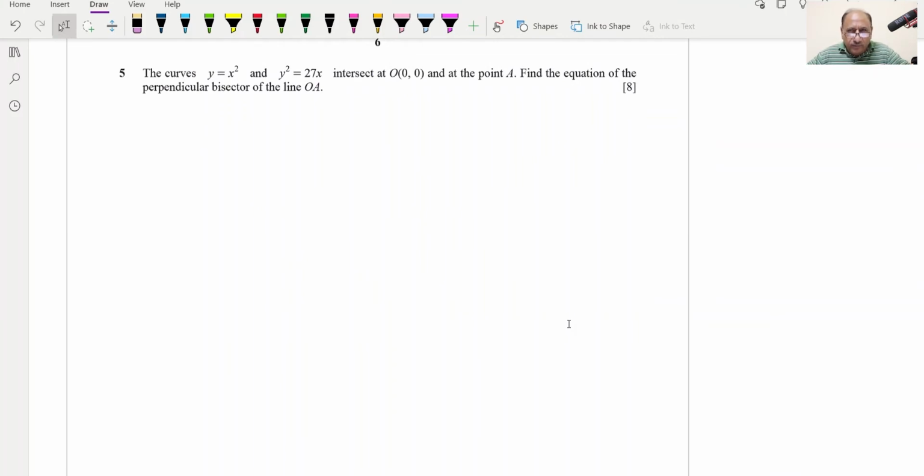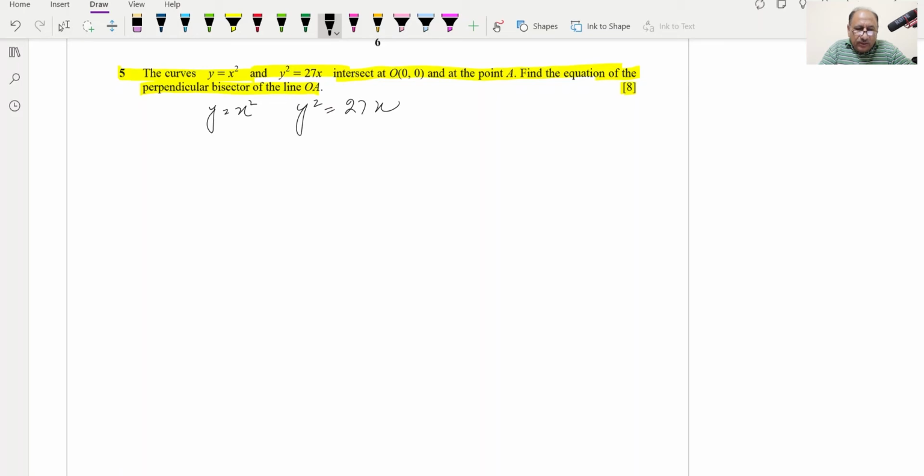Question number 5 says the curve y is equal to x square and y square is equal to 27x intersect at 0 0 and at the point A. Find the equation of the perpendicular bisector of line OA. This is an 8-mark question, so we can replace y is equal to x square in the equation y square is equal to 27x.